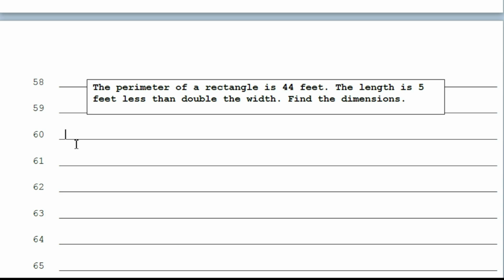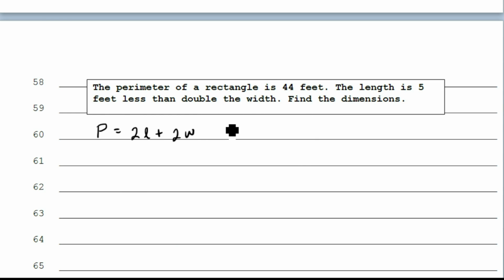And moving on, it says the perimeter of a rectangle is 44 feet. The length is 5 feet less than double the width. Find the dimensions. The perimeter of a rectangle would be twice the length plus twice the width. That takes care of all 4 sides.